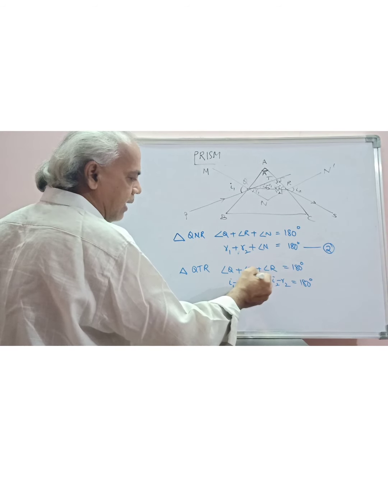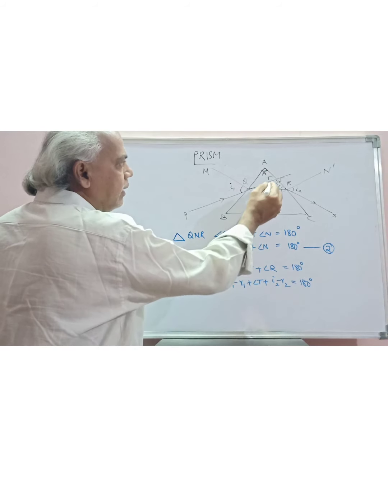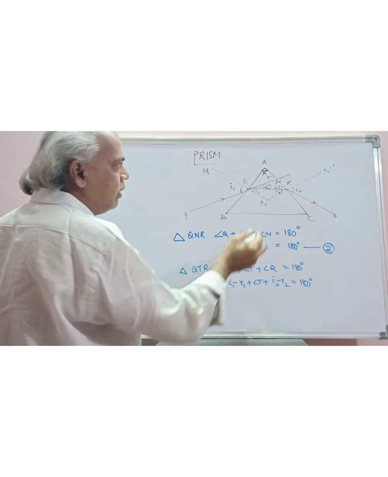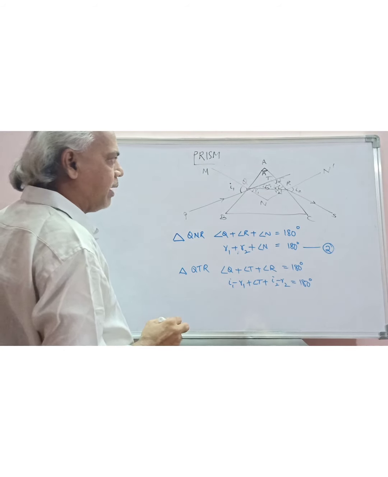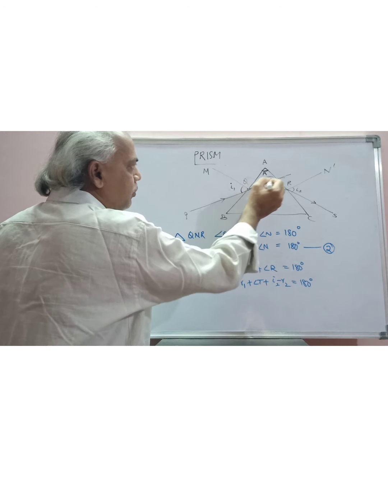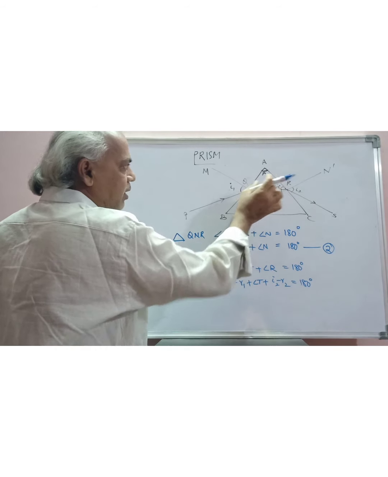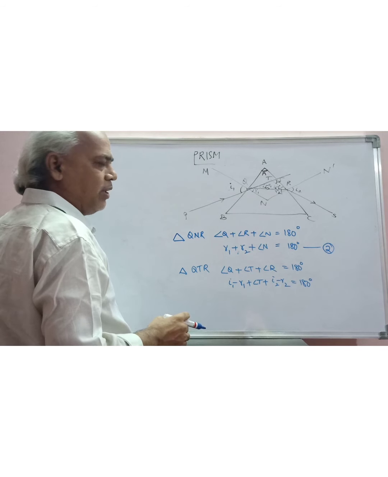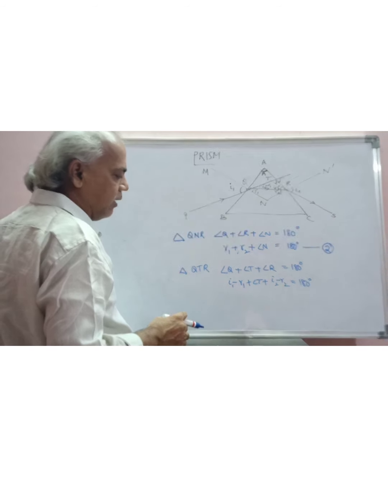This angle T is the angle of deviation, because according to the properties of a triangle, the external angle is equal to the summation of the internal opposite angles.